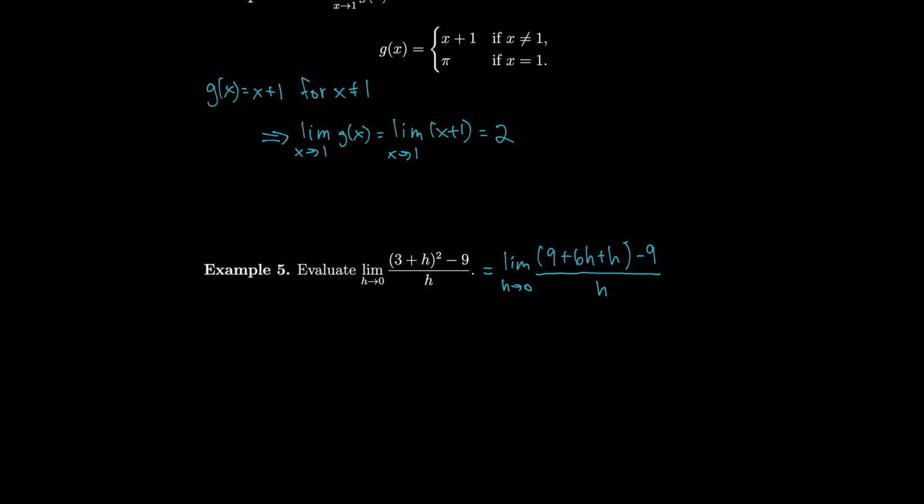Keep it over h. Okay, so now we've got 9 minus 9 on top, so we can just subtract those. So we end up with 6h plus h squared left over. And we can pull out the h by factoring it out in the numerator.